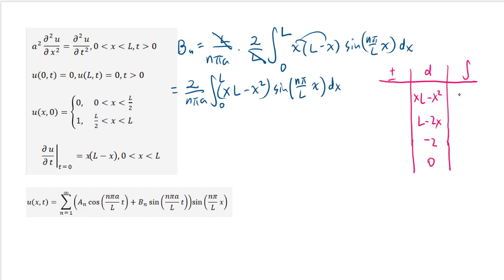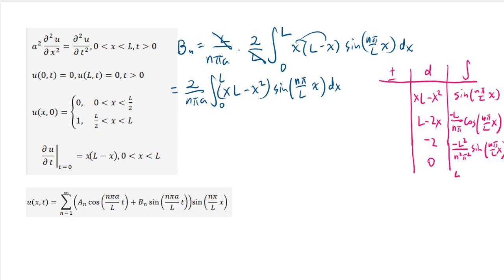And then here you have sine of n pi over L x, and every time you integrate, the reciprocal of n pi over L will come up front, so it's L over n pi. Actually, there's a minus, cosine n pi over L x. Integrating again, you get negative L squared over n squared pi squared, sine n pi over L x.